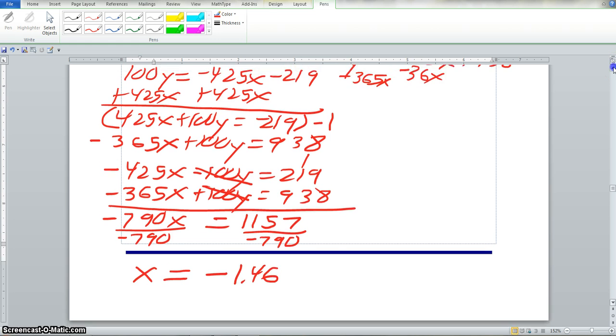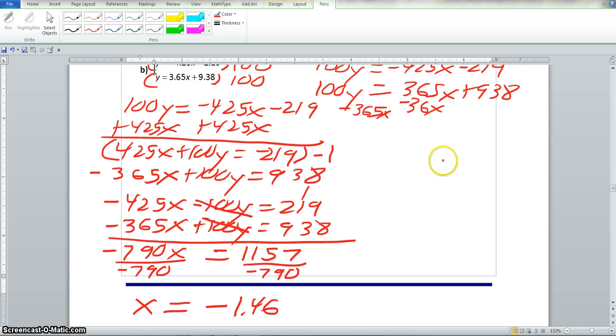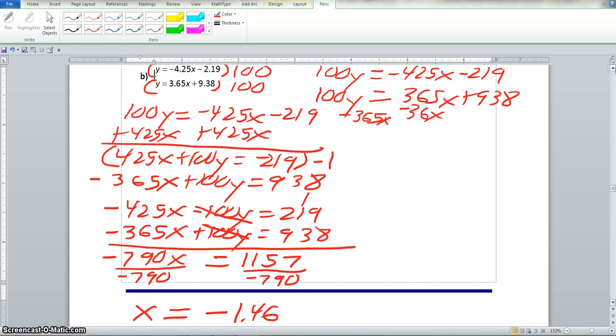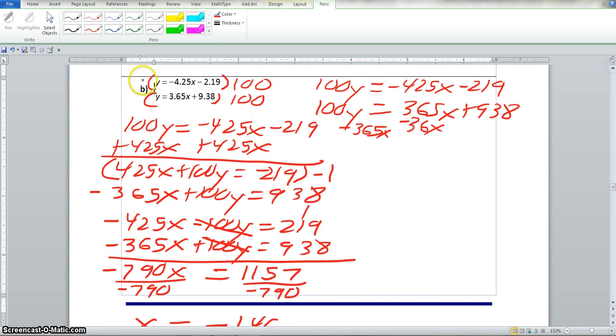Okay, now that we have our x, we need to solve for our y. It doesn't matter which y that we use. So let's try the first y. Okay, so we would have y is equal to negative 4.25x minus 2.19.